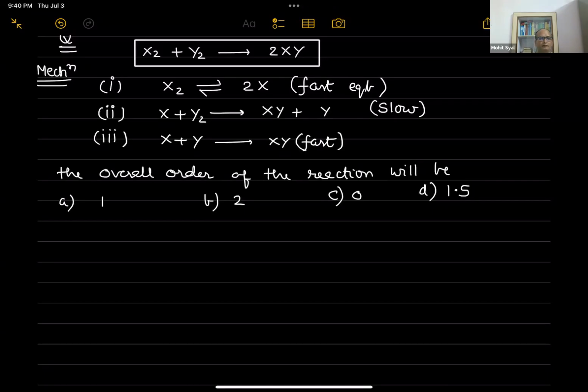Got it? Yes, sir. And then you need to work on it.